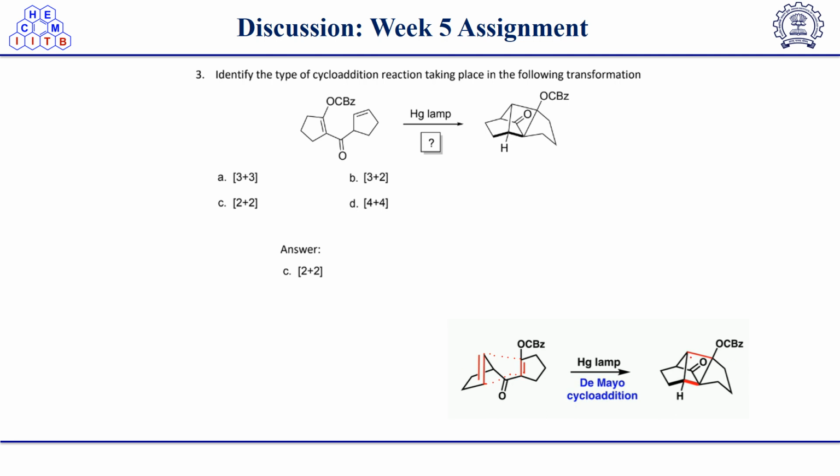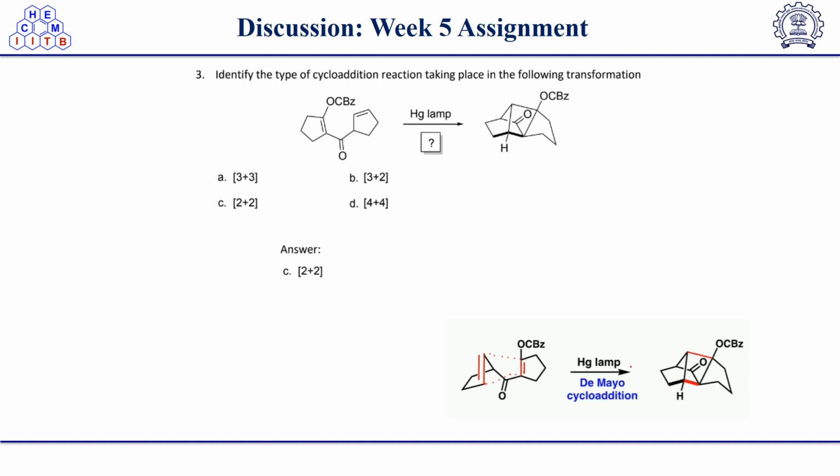A 4 membered ring is getting formed, which is a new ring fused with this cyclopentane ring on this side, which is attached to this OCBZ group, and on this side also it is attached to another cyclopentane ring, 1, 2, 3, 4, 5, and this ketone also remains intact.